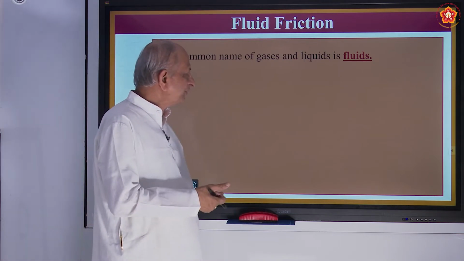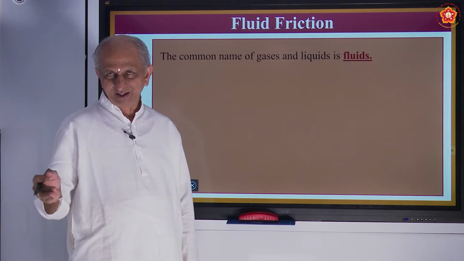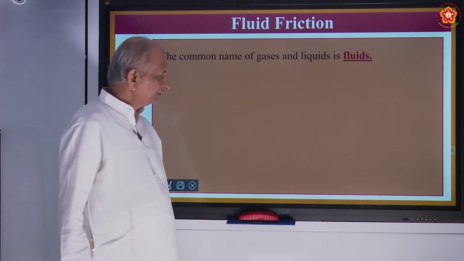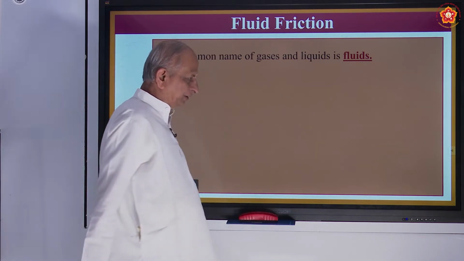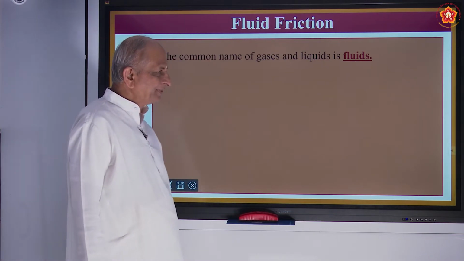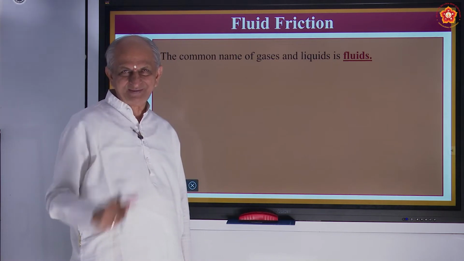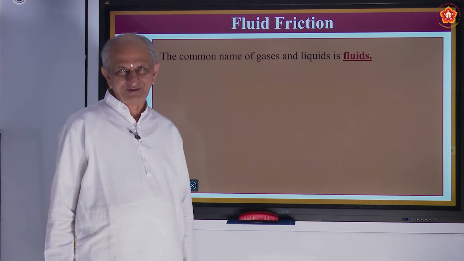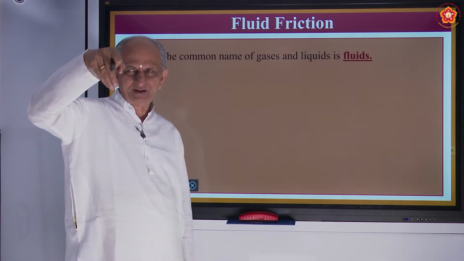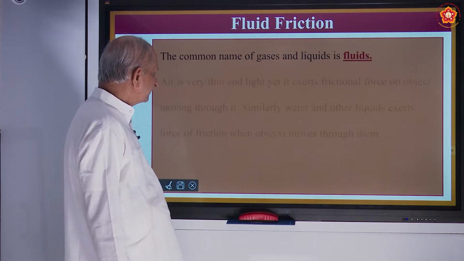You also heard about gases: nitrogen, oxygen, hydrogen, etc. So these two together are called fluids. And what is the common property here? They don't have a shape of their own. Whichever vessel you put them in, that shape only they take.